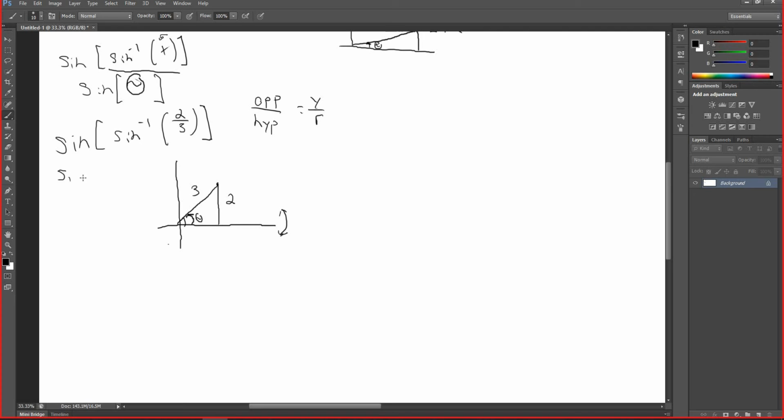So I'm going to treat this as sine of theta. So what would sine of theta be in this problem? 2/3.